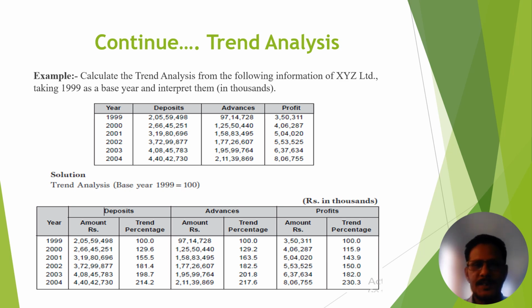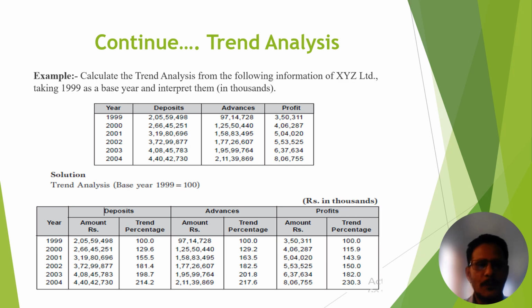So according to these three items, deposits, advances and profit, we can find out trend analysis. Under this, we require a base year. The base year, here we assume 1999, is 100. According to this 1999, we can find out the trend.